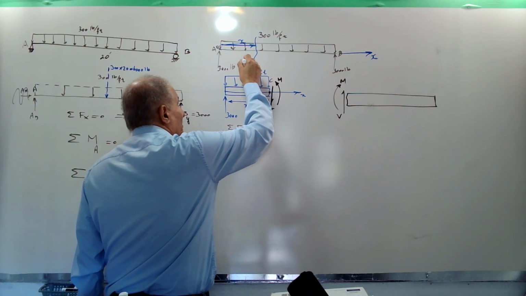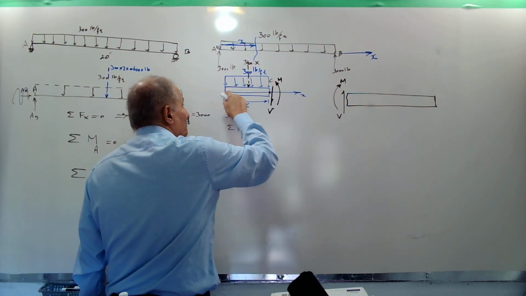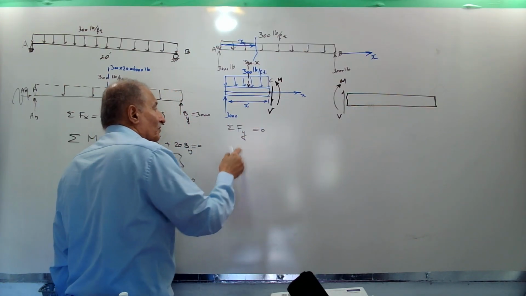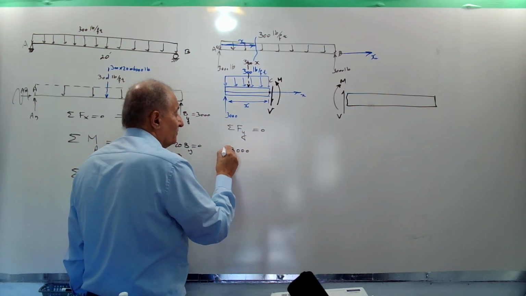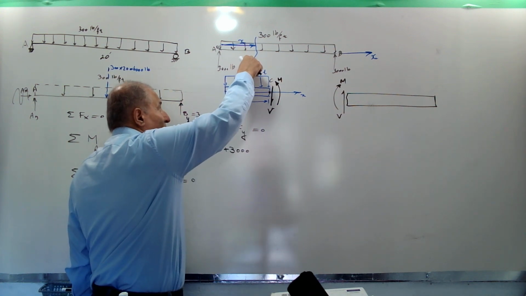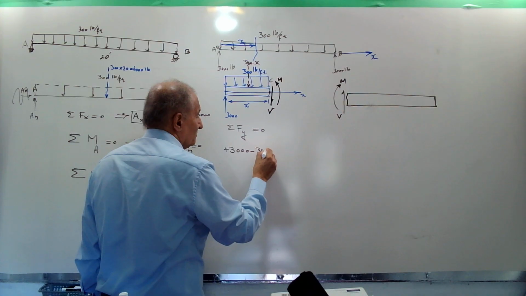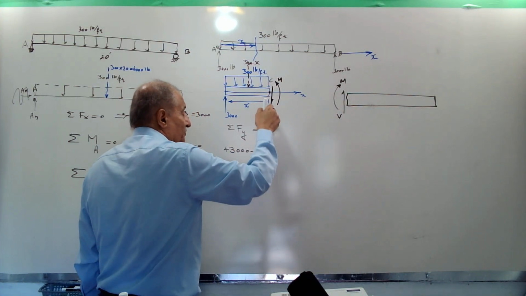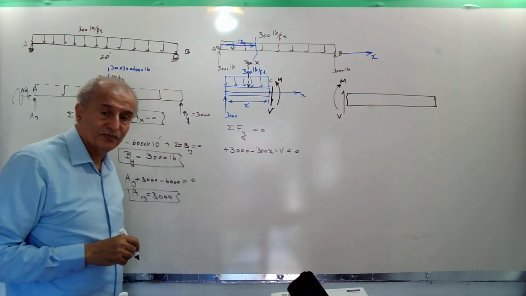How much is it? 300 times the length of this portion, which is X. Then what do I have? I have 3000 here upward positive, and 300 times x negative, and minus V equals 0.